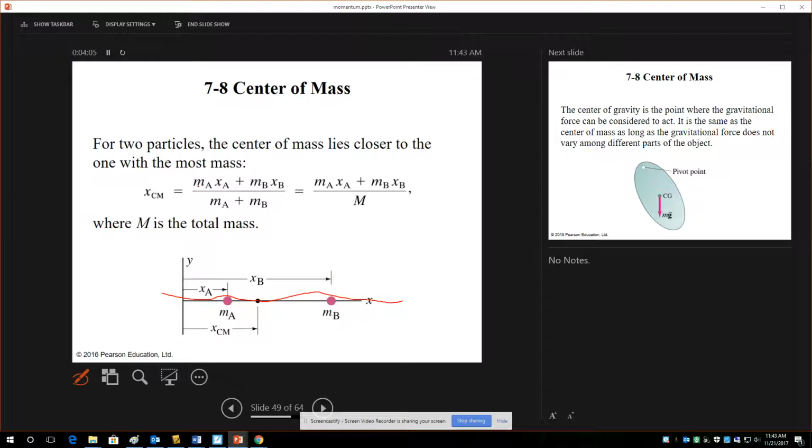So I say mass A times its position in the x direction plus mass B times its position in the x direction, and then because it's mass weighted, I divide that by the total mass. So m_A plus m_B can be substituted with capital M, meaning the system mass. We'll do some examples of calculation like this. It's not terribly complicated, but getting a handle on this idea of average position of mass is complicated.